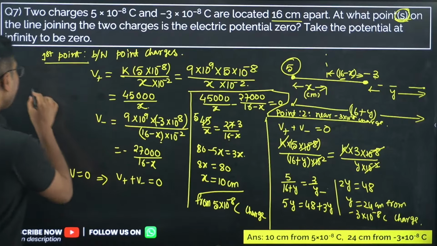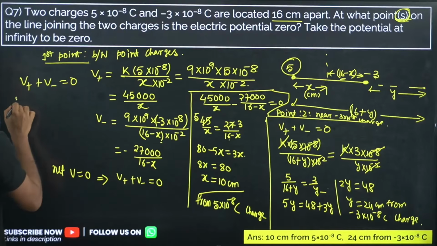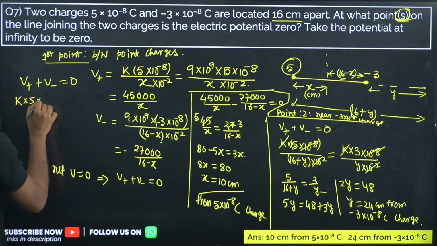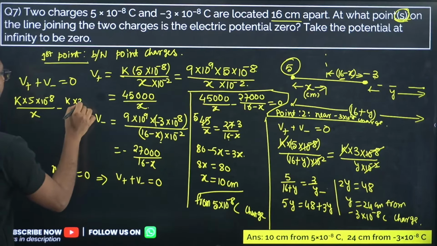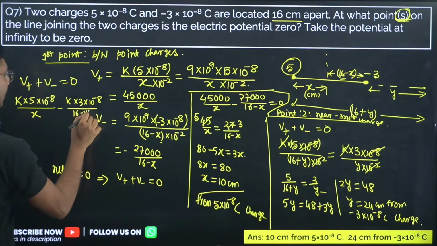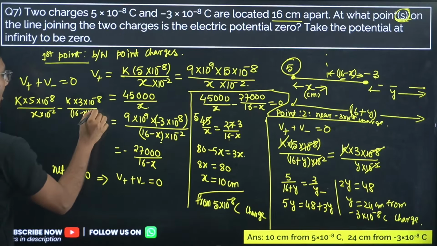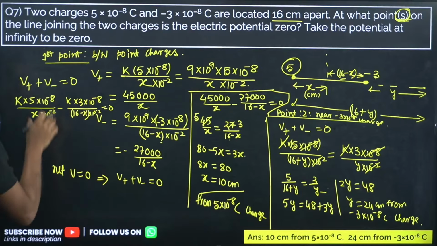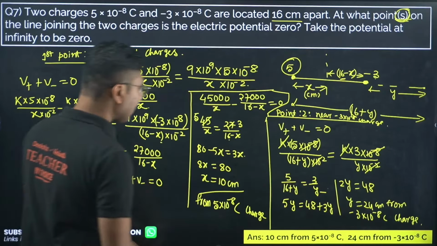You just need to do V plus V minus equals 0. So it will come out as k into 5 into 10 to the power of minus 8 divided by x, minus k into 3 into 10 to the power of minus 8 divided by 16 minus x. 10 to the power of minus 2 will be common, and that equals 0. If you do that, all the constants will cancel, and you will directly get this equation.